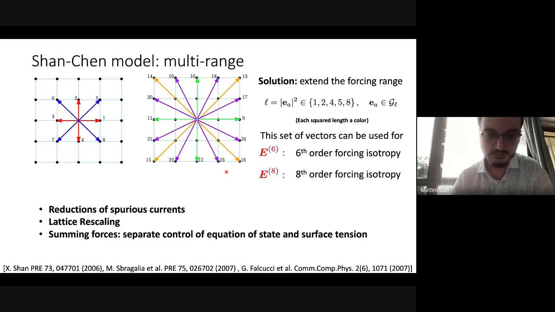This improvement has led to the reduction of spurious currents, to the possibility of rescaling the lattice while keeping the same profile for a droplet, for example. And by summing the forces, so 2 different forces coming from 2 different isotropy order schemes, it's possible to control separately the equation of state and the surface tension.